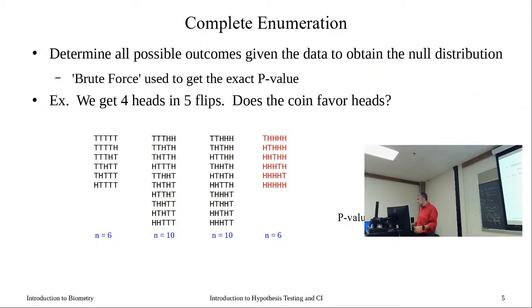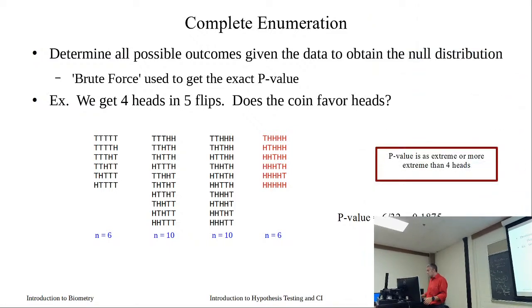For this example, all of these combinations represent your null distribution, because these are all possible combinations, assuming that the coin is fair. And then we look at those extreme values, the values that are as extreme as our observed data and more extreme. And that proportion represents our p-value.